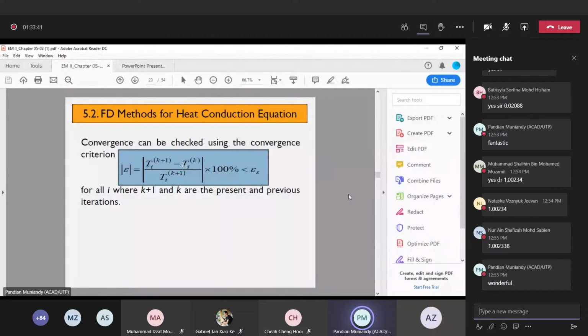So your answer will be, write down, T1 superscript 2, 2.00464 minus 2.00384 divided by 2.00464 multiplied by 100%. Can you calculate the answer?